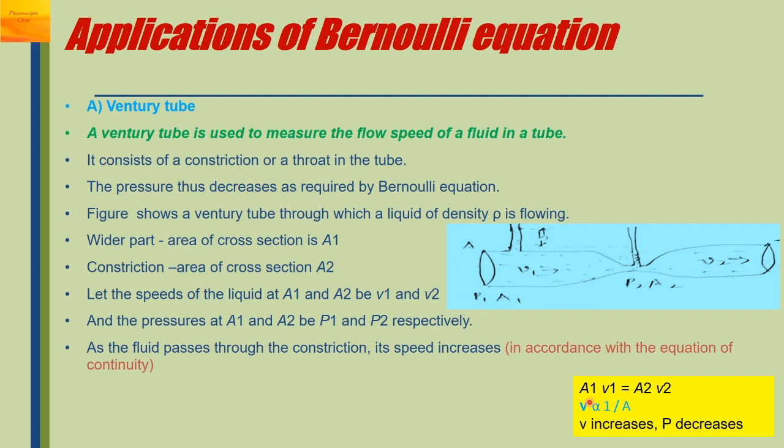The equation of continuity is given as A1 V1 equals A2 V2, from which we had seen that the velocity of the fluid is inversely proportional to the area of cross section. So as the area of cross section decreases, the velocity increases. Hence in this constriction part, the velocity is increasing, and hence we can say the pressure decreases.